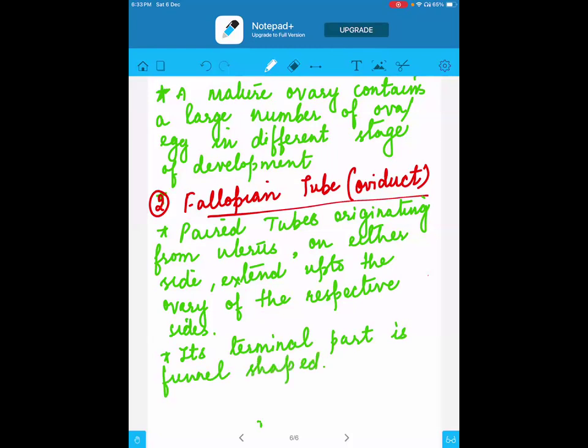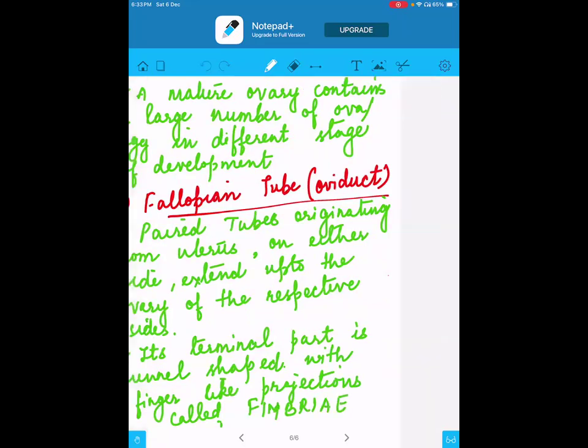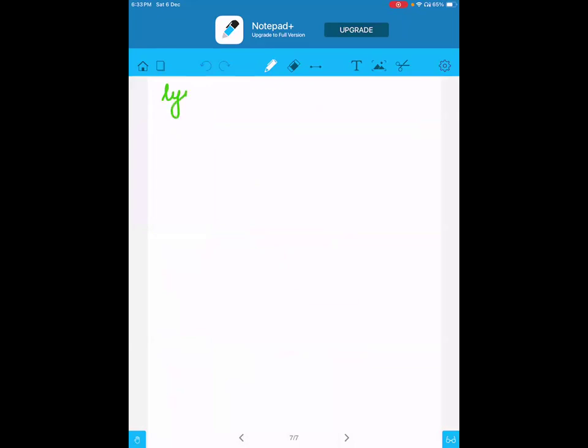So at the end of the fallopian tube, they have a funnel-shaped structure with finger-like projections, called fimbriae. The fimbriae lie near the ovary.